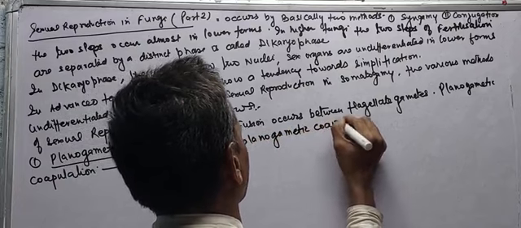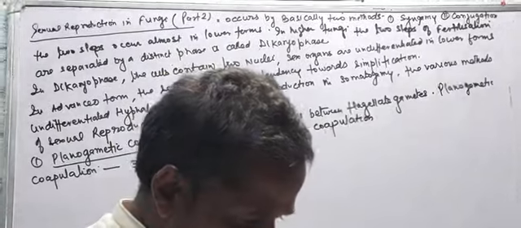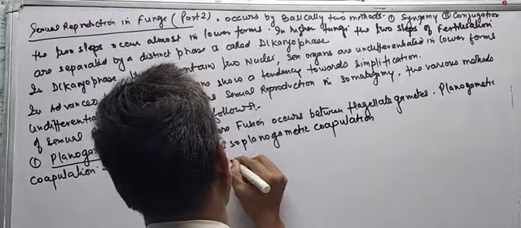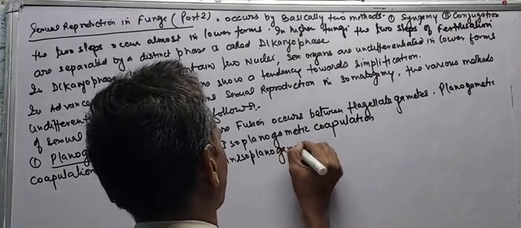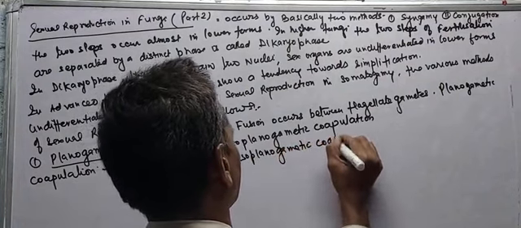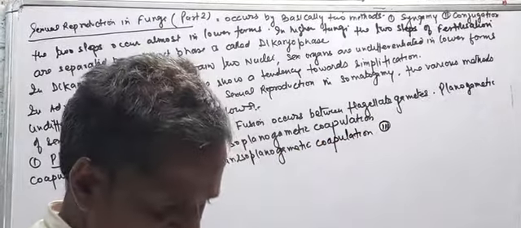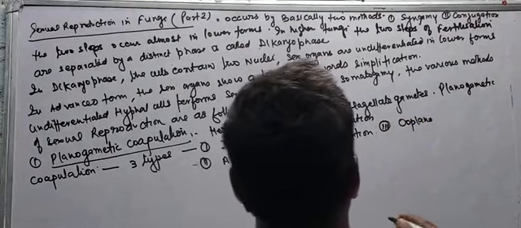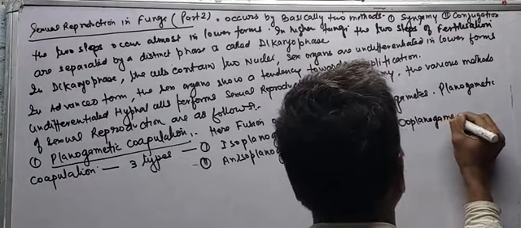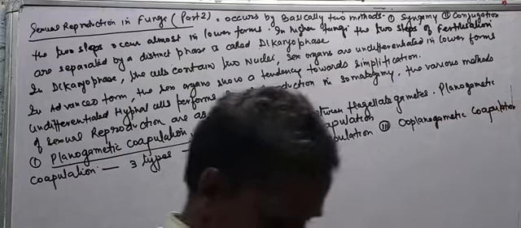Number second, anisoplanogametic copulation. And number third, oogametic copulation.